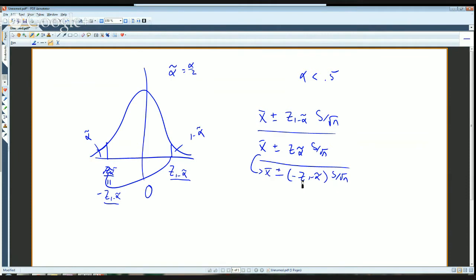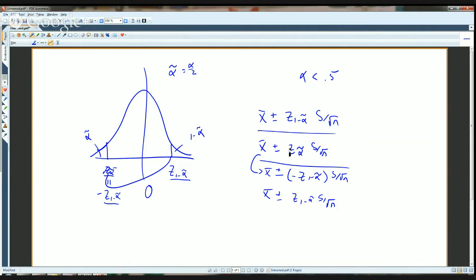And then just manipulating, that's just x bar minus plus z 1 minus alpha tilde s over square root n, and we just tend to like to write our confidence interval with the higher number up top, so it's plus minus. So in other words, it doesn't matter in a confidence interval which one you put in, you get the same answer. You just may have accidentally screwed up the order of the two things.